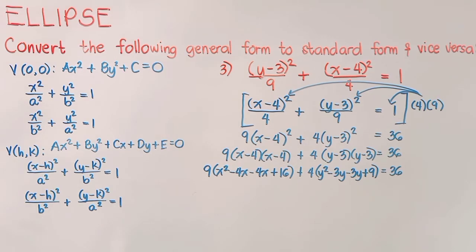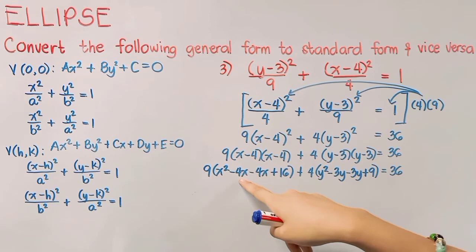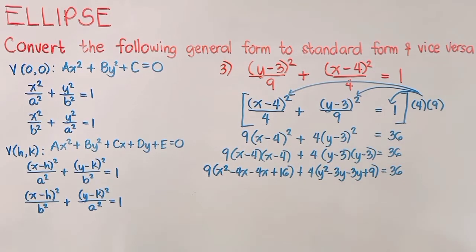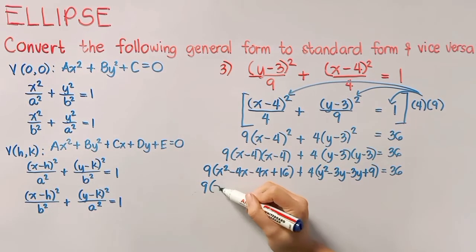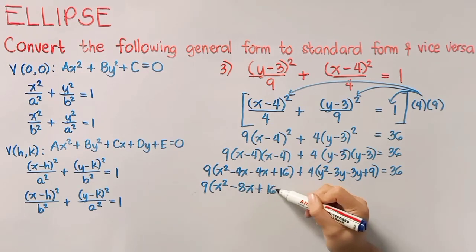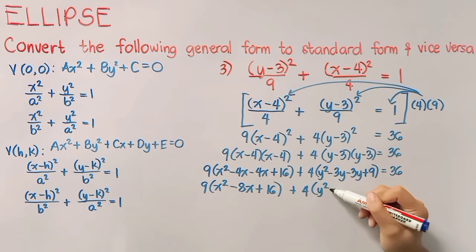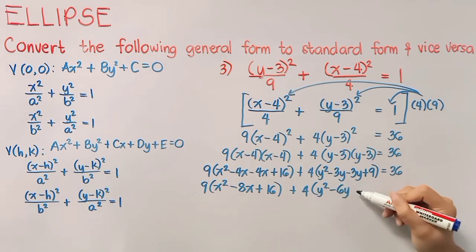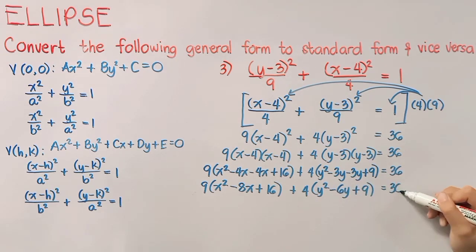Now, as you can see, there are still like terms inside the parentheses, so we will first perform this one. For our first term, negative 4x minus 4x is negative 8x, while in the second term, negative 3y minus 3y is negative 6y.